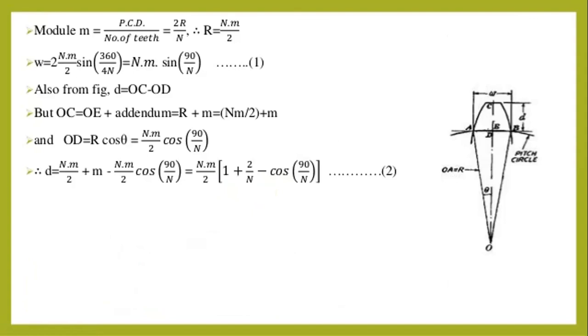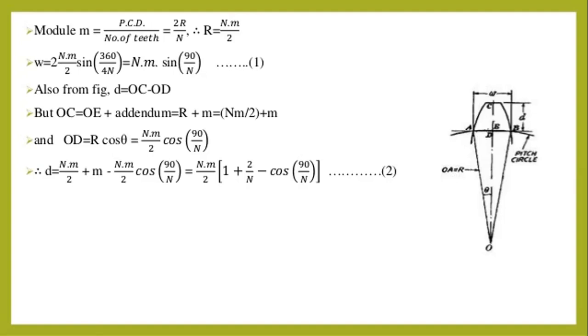The pitch circle diameter is taken as 2R, that is 2 into radius, divided by N, where N is the number of teeth.